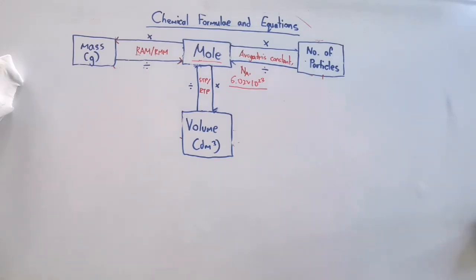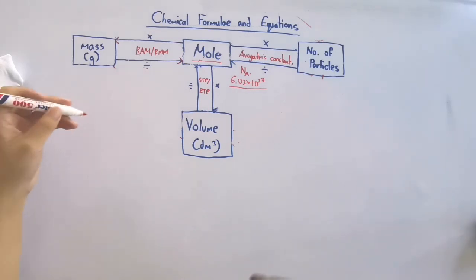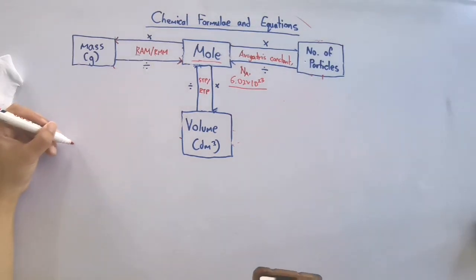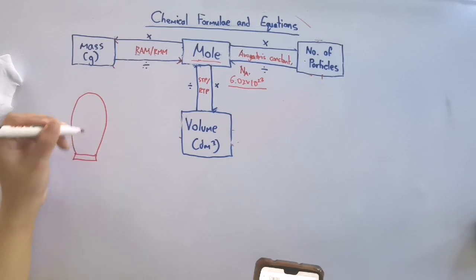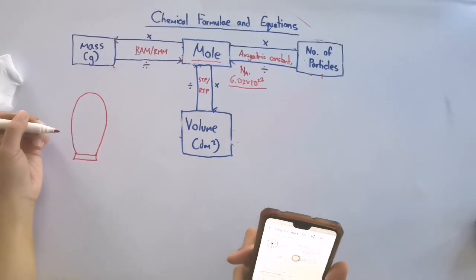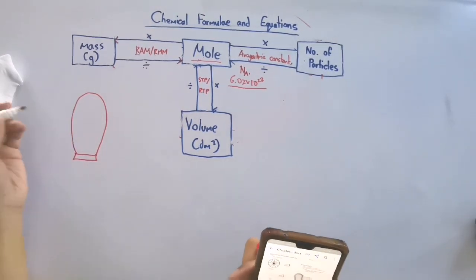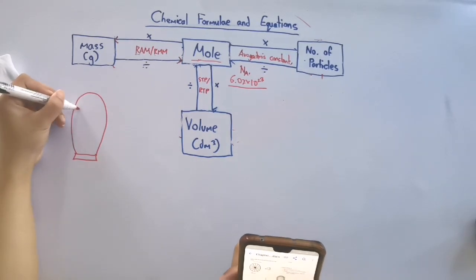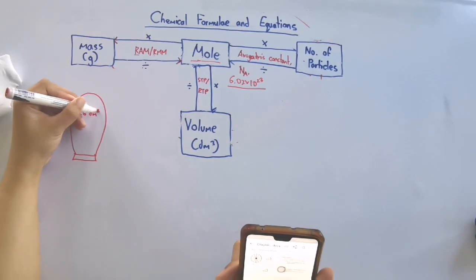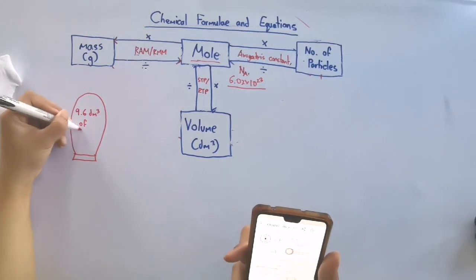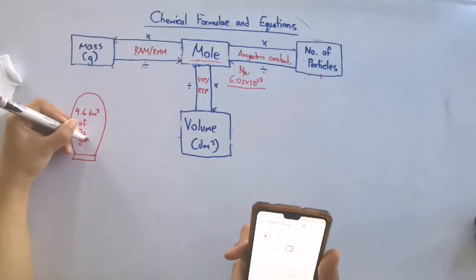So let's say I give you something really basic to start off with. An example of a question. Let's say I tell you we have a balloon. I'm not an artist, so this will have to do. This balloon contains 9.6 decimeter cube of oxygen gas.